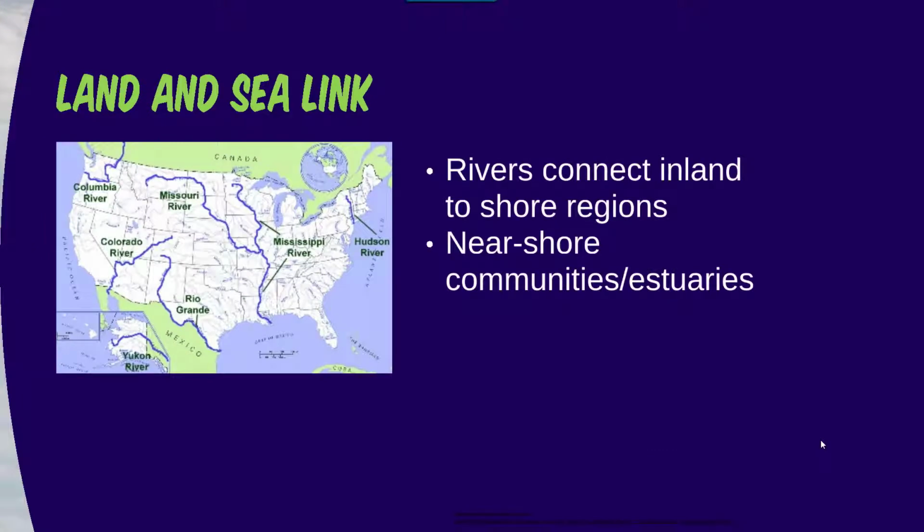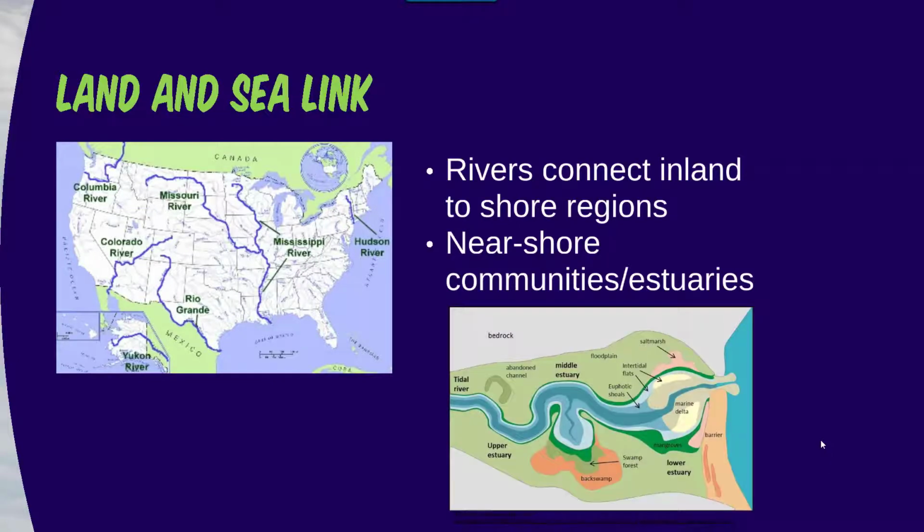In this particular figure, we see major rivers in the United States, represented by the dark blue line, and you can clearly see that these rivers connect the inland regions of the United States to the shore regions, with major outputs occurring in the Gulf of Mexico via the Mississippi River, the Colorado River into the Gulf of California, and the Columbia River off the coast of the U.S. West Coast there.